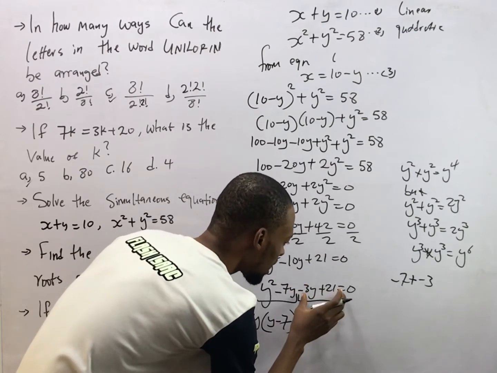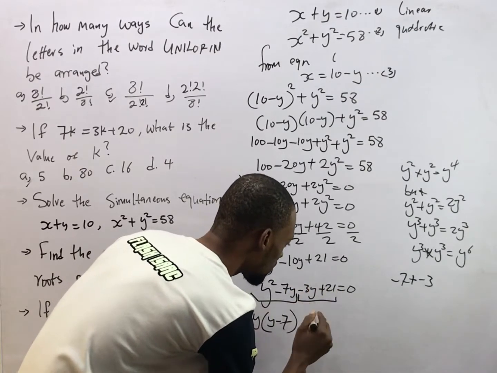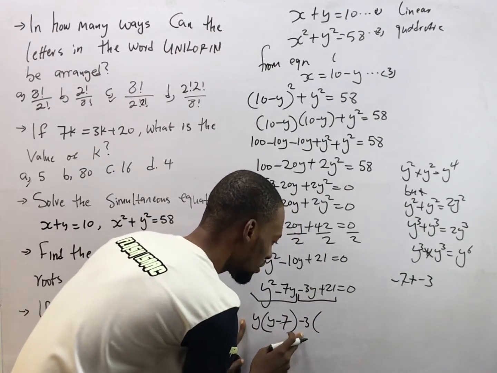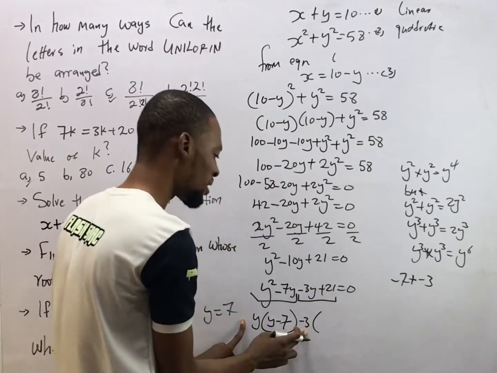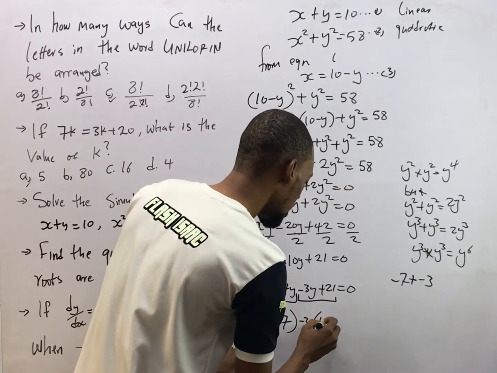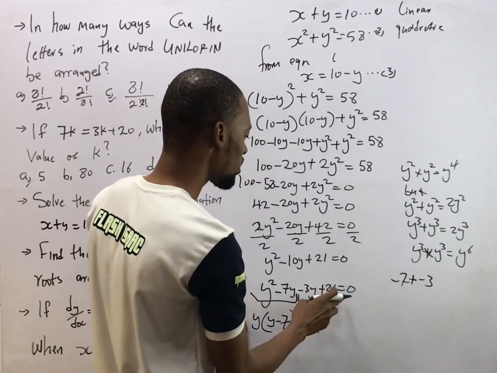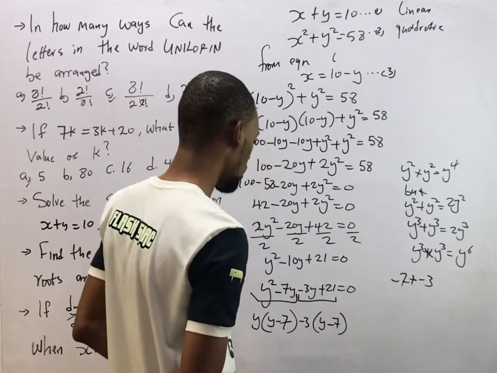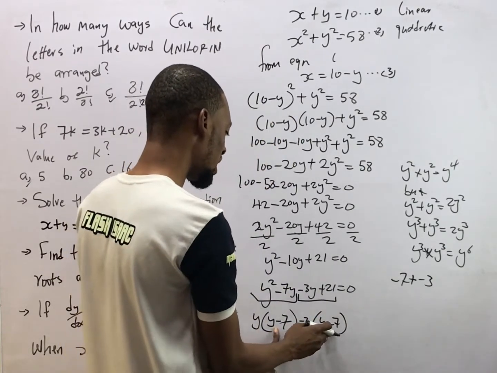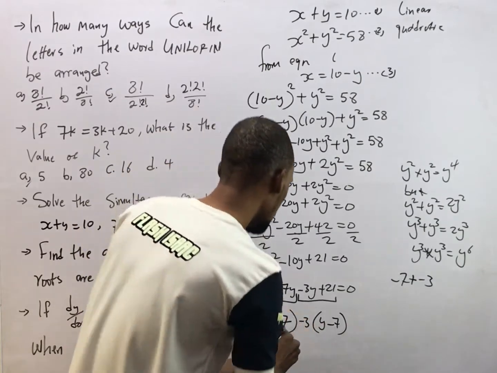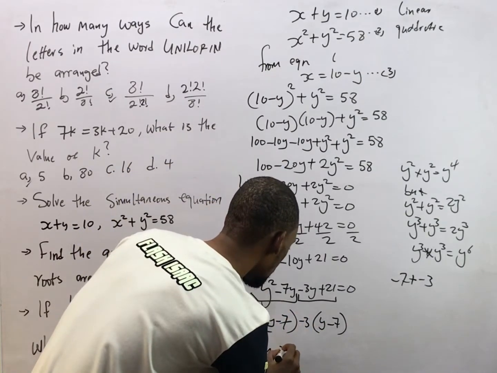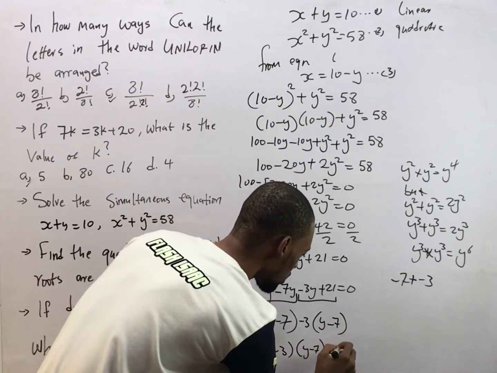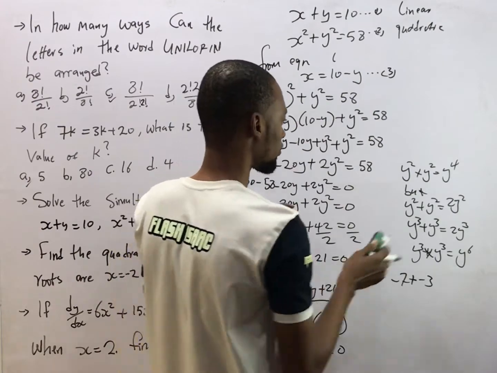Then here, what do they have in common? They have minus 3 in common. So minus 3y divided by minus 3 would give you y. Plus 21 divided by minus 3 would give you minus 7. So we can see that here and here are similar and here is remaining. So this is (y minus 3)(y minus 7) is equal to 0.